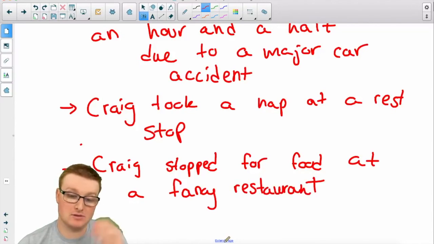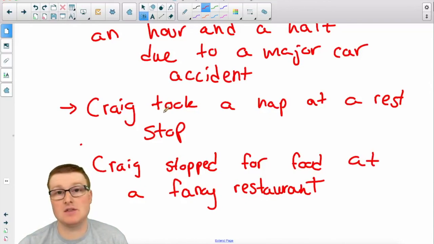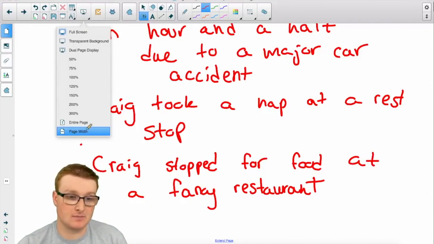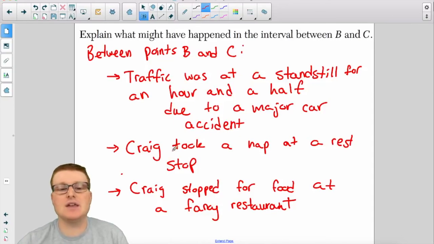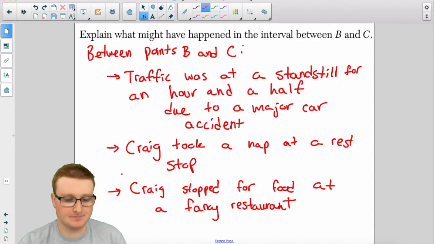Doesn't have to be fancy. It could just be food, restaurant, whatever it is. You could make the restaurant be anything you want. You could say that Craig got a flat tire and he waited for like AAA to arrive. If you don't know what AAA is, that's a roadside assistance. But anything that shows that he stopped and not moving, that's a correct answer.